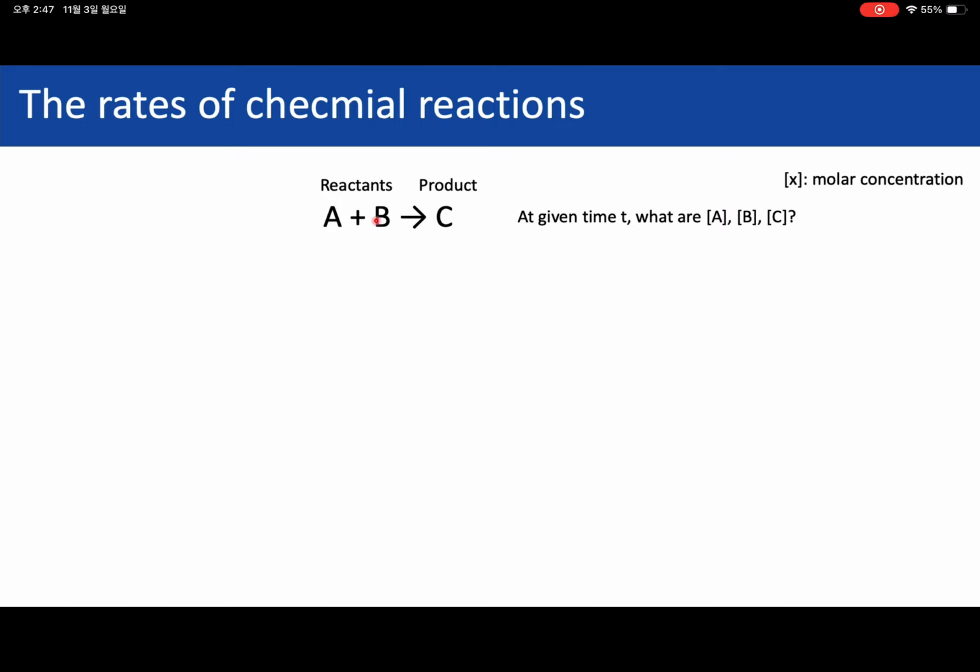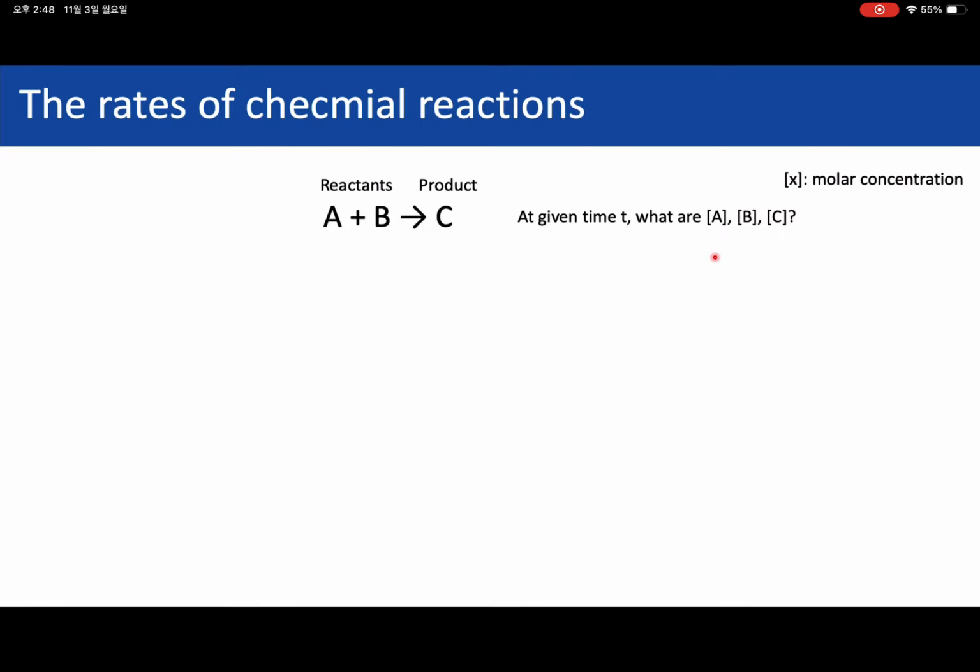So now let's consider a hypothetical chemical reaction where the reactants A and B react together and form a product C. We want to know, after some amount of time after the reaction started, tracing the amount of this reactant and product will give us information about the time evolution of the concentration of reactant and product, from which we can get some information about the reaction speed.